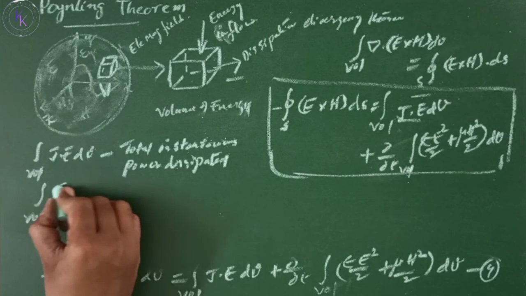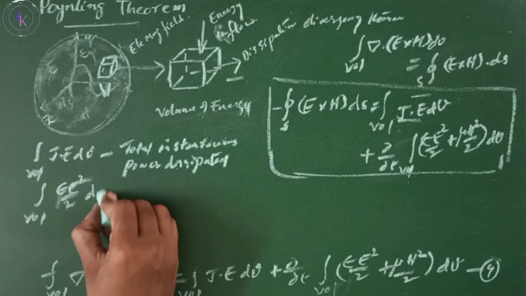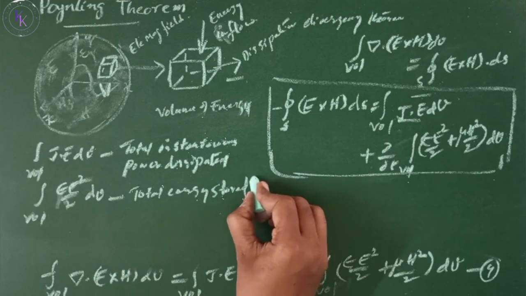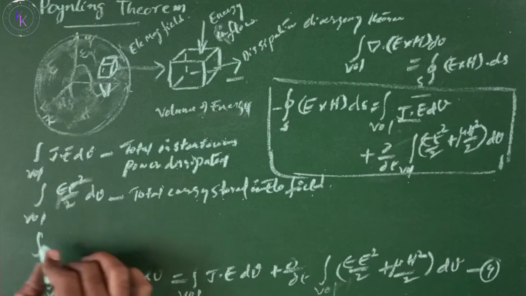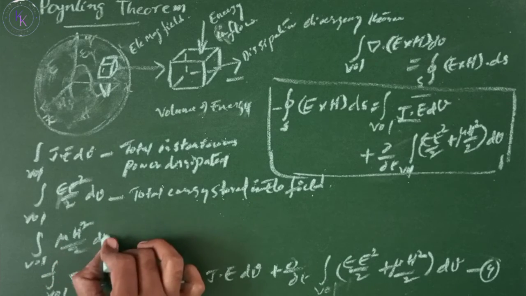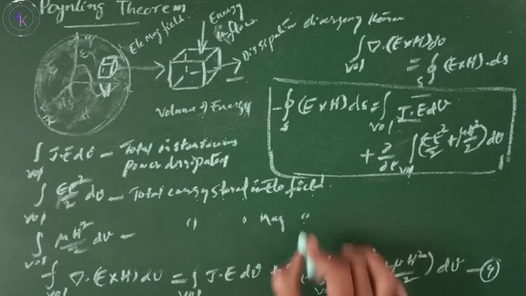The volume integral of epsilon E square by 2 dV is the total energy stored in the electric field, whereas the volume integral of mu H square by 2 dV is the total energy stored in the magnetic field.